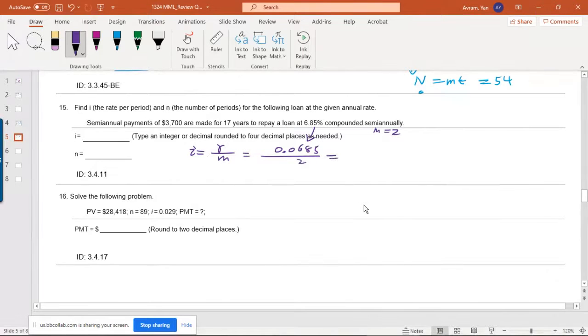Semi-annually, m is 2, so we just divide by 2 in here. That will give you 0.03425. So that is your i. And the n here is equal to mt. So you have 17 years times m, which is 2. It doesn't matter, 17 times 2 or 2 times 17 is the same, right? So that gives you 34, okay?